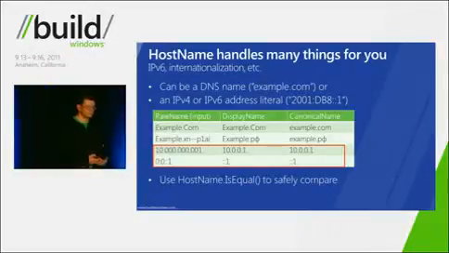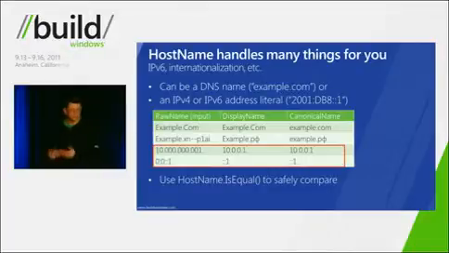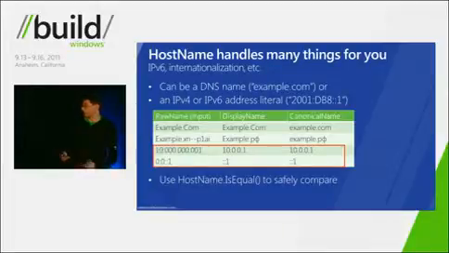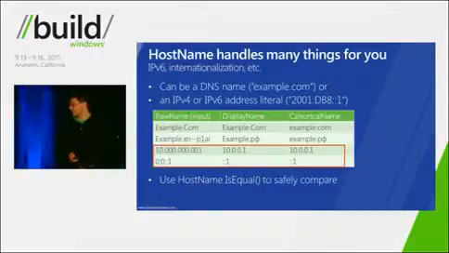It's not the same as a system invariant locale comparison. It's not the same as locale-specific comparison. It's a particular comparison that's defined by the IETF for comparing host names, in a way that is global, because it has to work exactly the same in DNS. And so that's what's going on in is-equal. It is the same as using the canonical name and doing a byte-for-byte comparison.